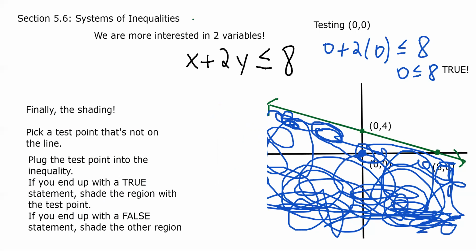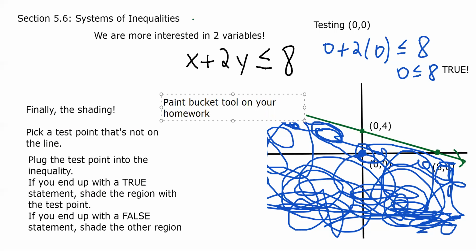But that looks bad. You guys are going to have the privilege of your online homework having a little paint bucket tool. Just like there's a little tool that lets you choose between a solid line and a dashed line, you're going to have a paint bucket tool on your homework.